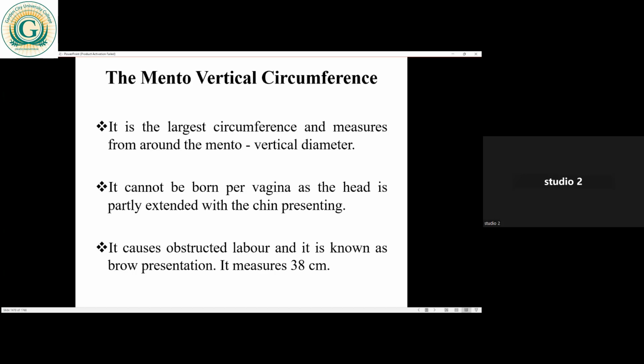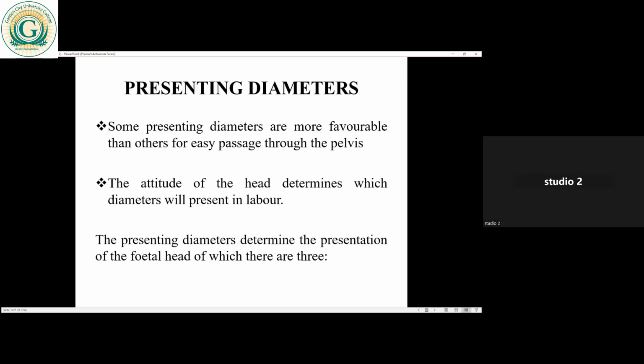So therefore, presenting diameters can be named like this. Some presenting diameters are more favorable than others for easy passage through the pelvis. The attitude of the head determines which diameters will present in labor. The presenting diameters determine the presentation of the fetal head, of which there are three.